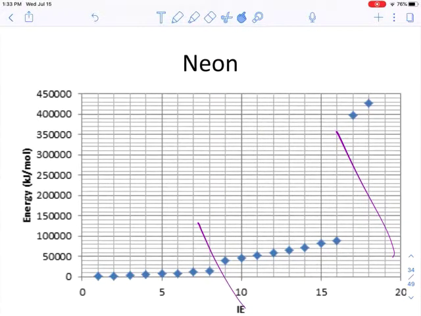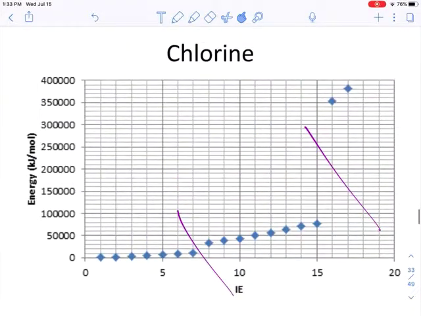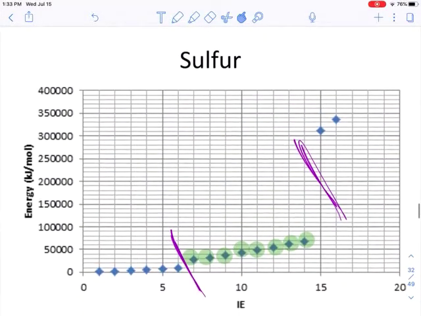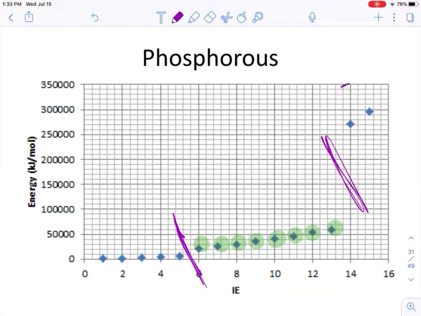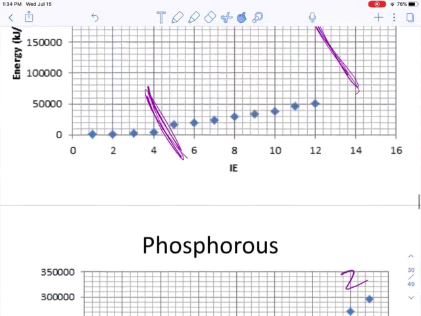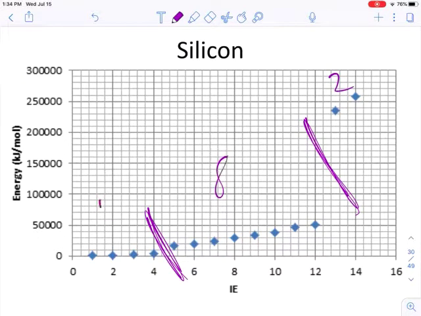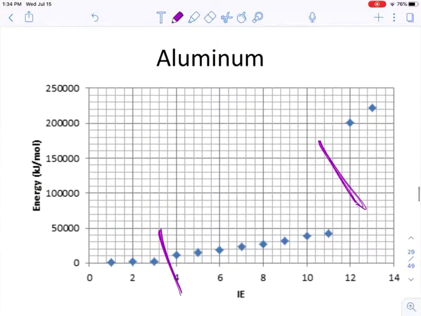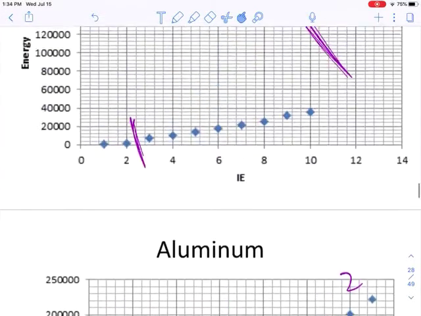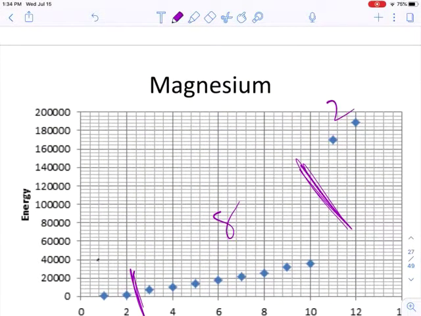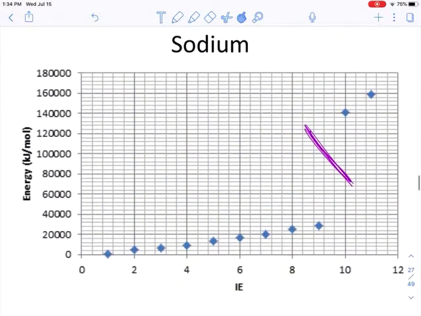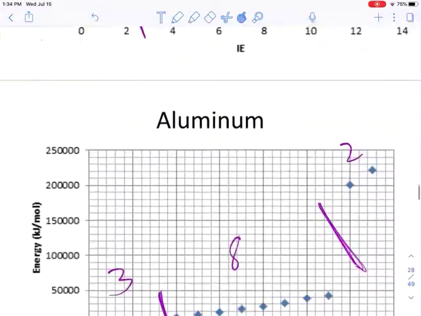So neon is 2, 8, and 8; chlorine 2, 8, and 7; sulfur 2, 8, and 6; phosphorus 2, 8, and 5; silicon 2, 8, and 4; aluminum 2, 8, and 3; magnesium 2, 8, and 2. And tough to tell on the sodium, but apparently it's 2, 8, and 1. So again, we got 2, 8, and 1 there with those 8 in the middle. 1, 2, 3, 4, 5, 6, 7, 8. That is there. All right.